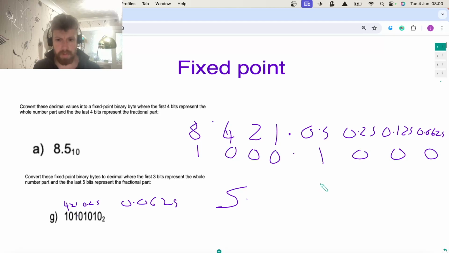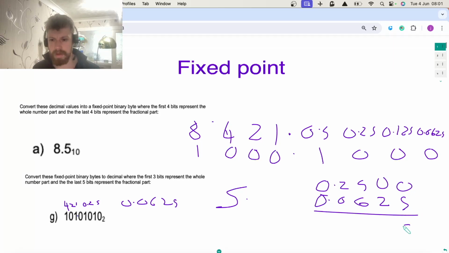For everybody else, what I'd recommend doing is, don't be afraid of doing column addition with these, because I see so many people make mistakes on these ones. So 0, 6, 2, 5, and then just put that in like this. 5, 2, 11, 1. So that's going to be 3. Just one there. And then we just write in the number after it. So it's going to be 3.1 2 5.